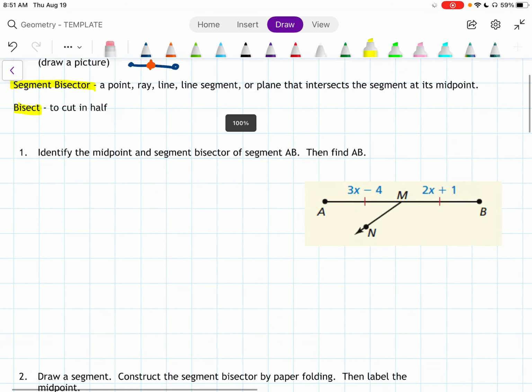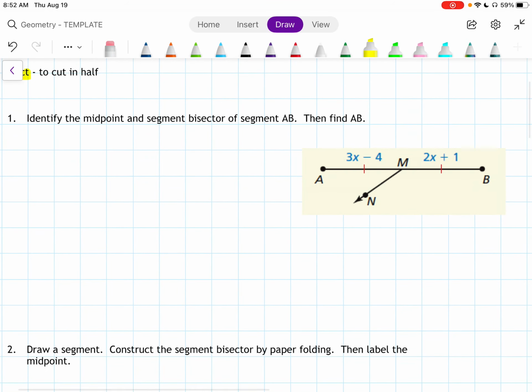All right, number one. Identify the midpoint and the segment bisector of segment AB. Then find AB, find the length. So we have the midpoint M, so the midpoint is M. Remember, the midpoint is the spot where it's cut in half.